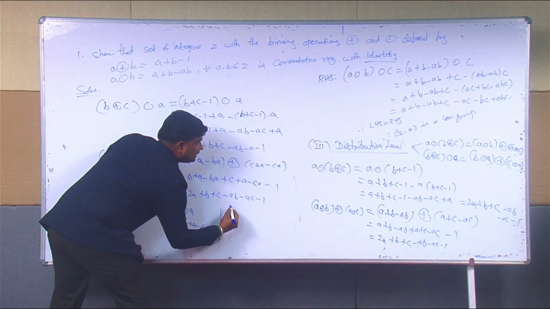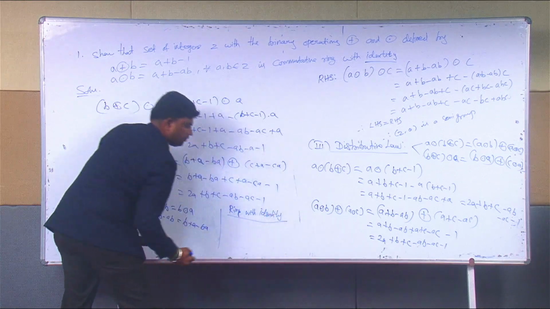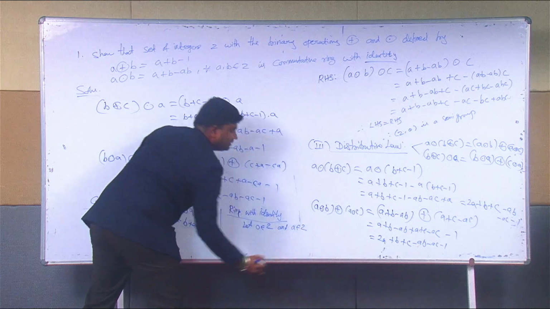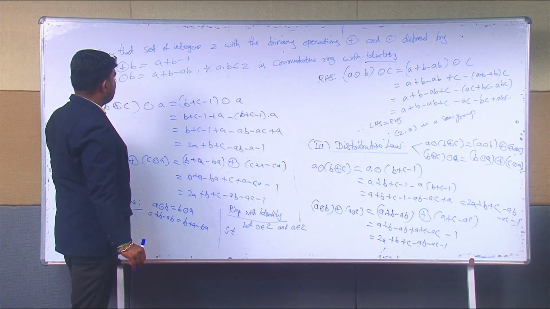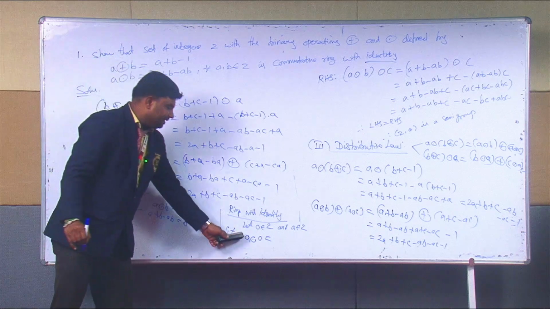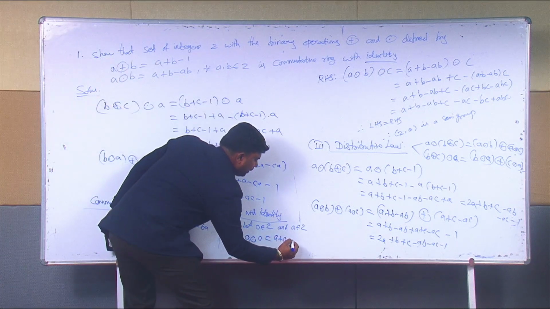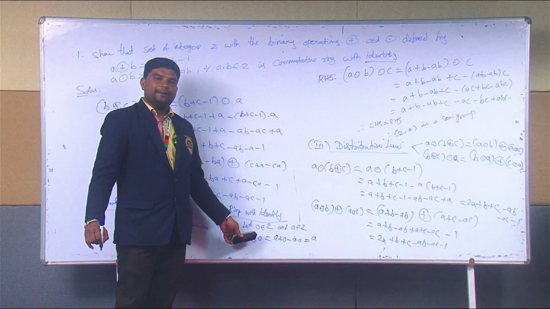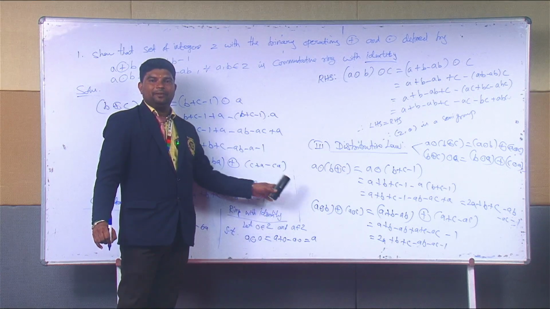So let 0 belong to Z and A belong to Z, such that A multiplication modulo 0 equals, by the definition of multiplication modulo, A plus 0 minus A into 0, which equals A. In this case, 0 is the identity element under multiplication modulo.